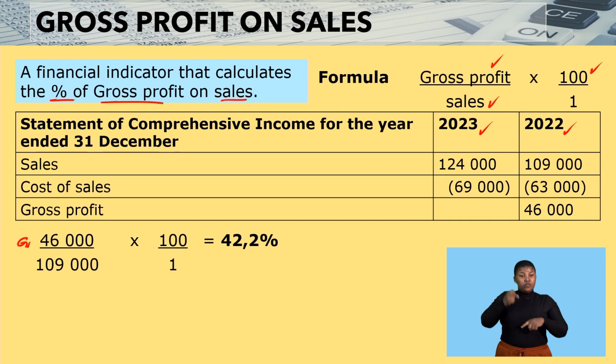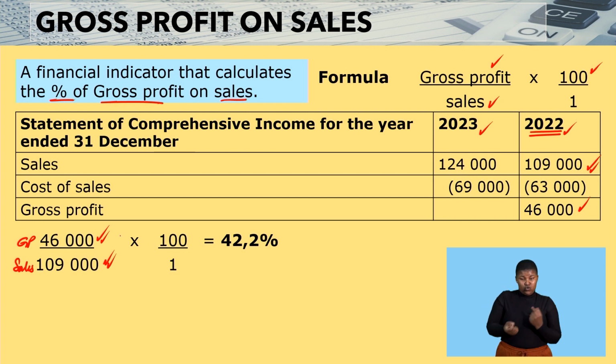Here is my gross profit, 46,000. Remember, we are in 2022. So I take my gross profit, then I say over my sales. My sales is 109,000, over 109. Gross profit over sales, multiply this by 100 over 1.